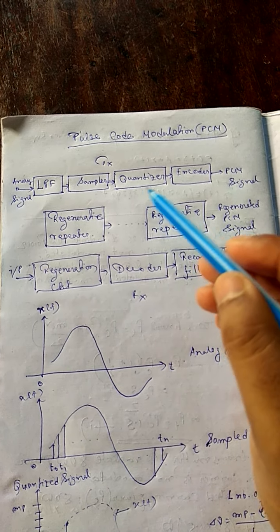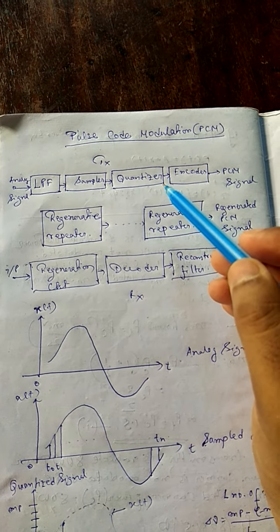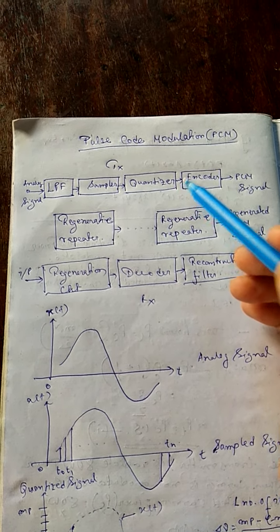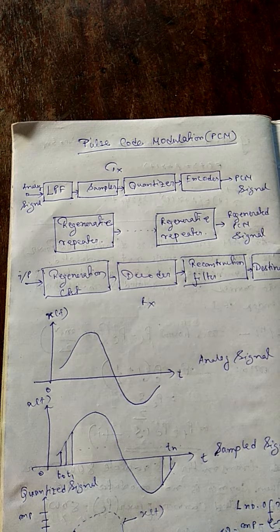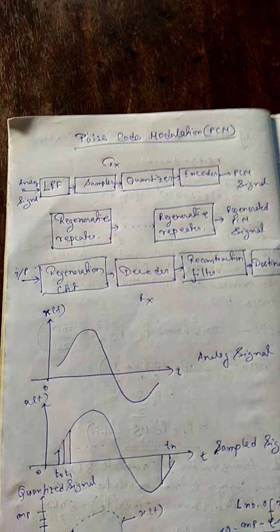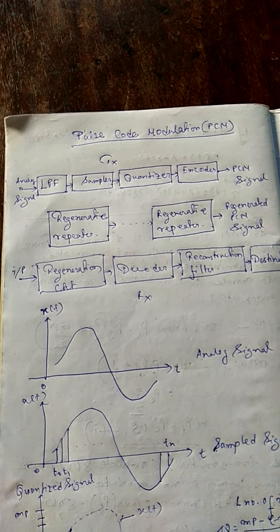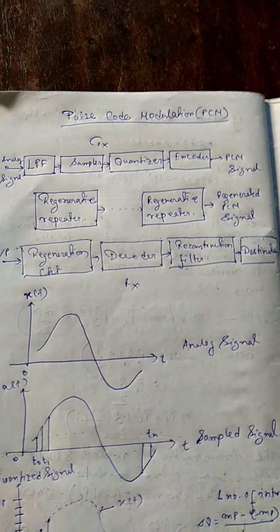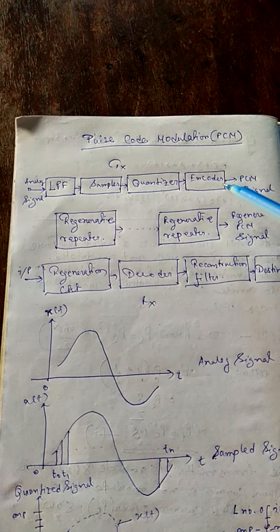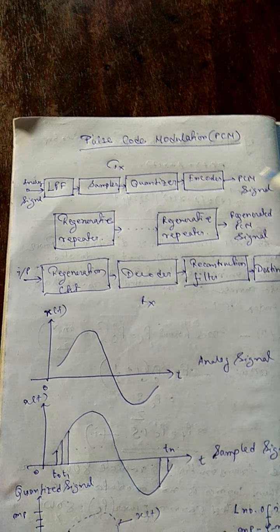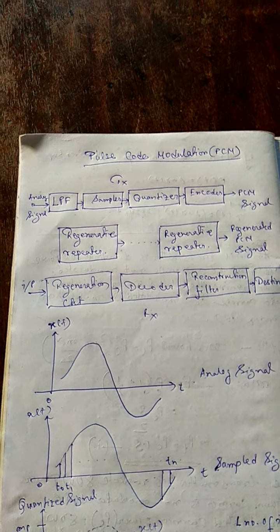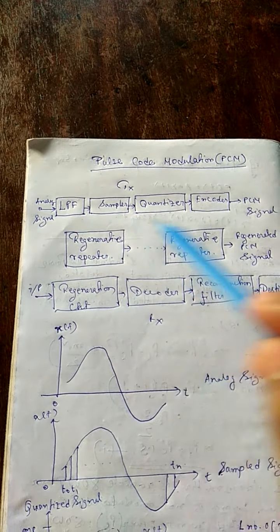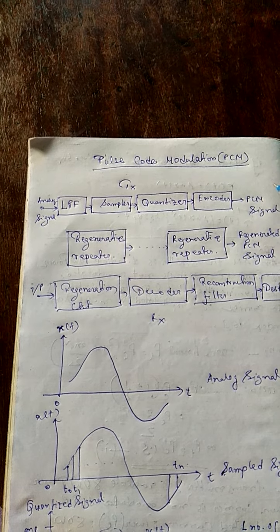Next we go to the quantizer. The quantization process is very critical. In short, quantization means a type of approximation. After that we use the encoder, which converts from one form to another form. So this is the transmitter of the PCM system.